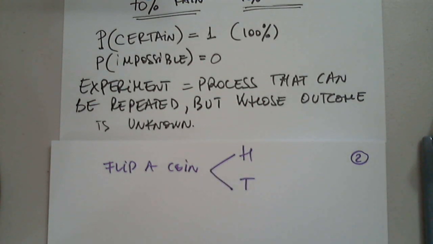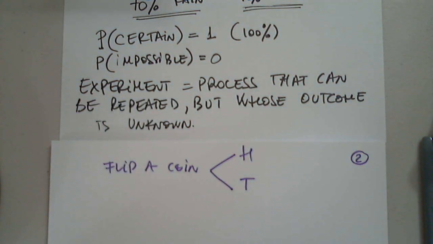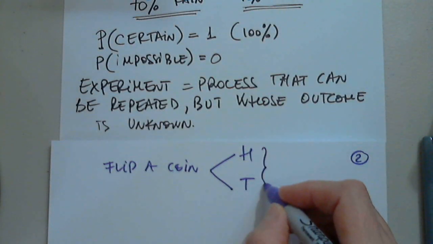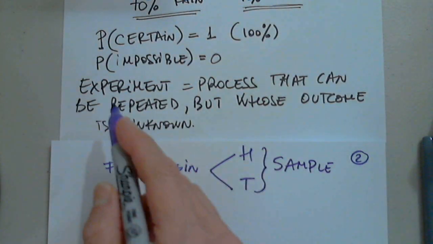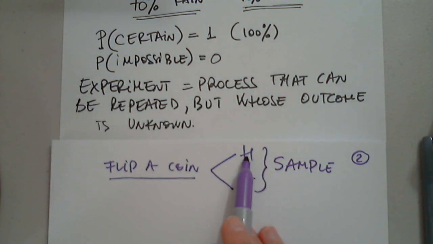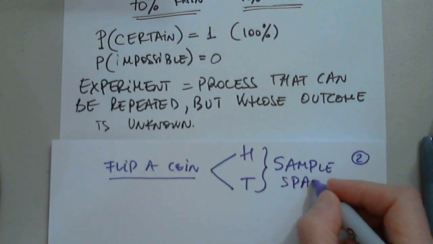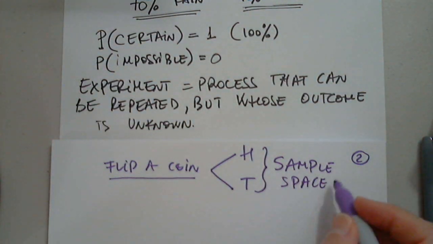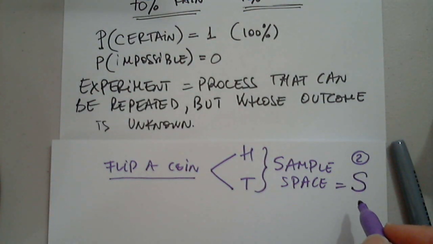But I don't know on any trial what the outcome will be. This is called the sample space for our experiment of flipping a coin. We can have heads or tails, and this is the sample space. It's also denoted by uppercase S.